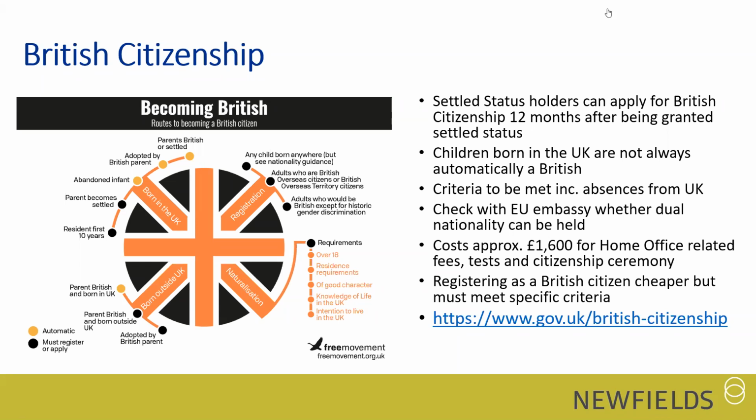They might be, but they may not be as well. There are a number of criteria that have to be met, including absence restrictions. So there's a total number of absences that the person can have in the qualifying period leading up to applying for British citizenship, as well as an additional requirement to have no more than 90 days absence in the preceding 12 months leading up to the application.